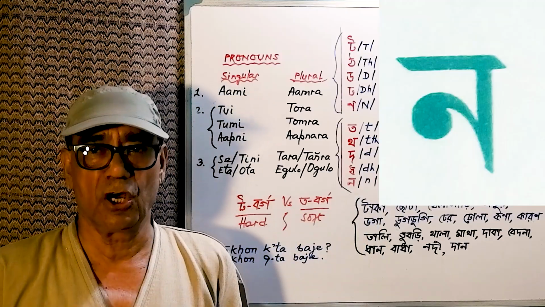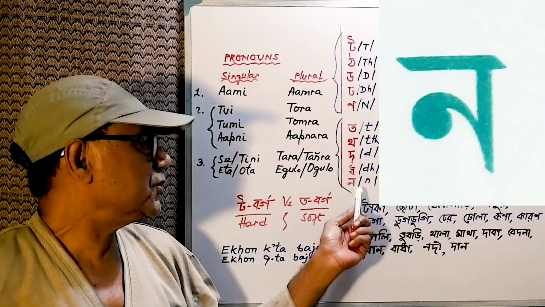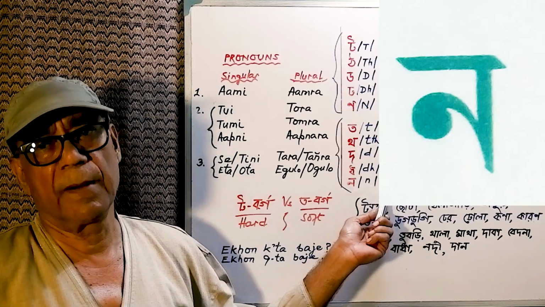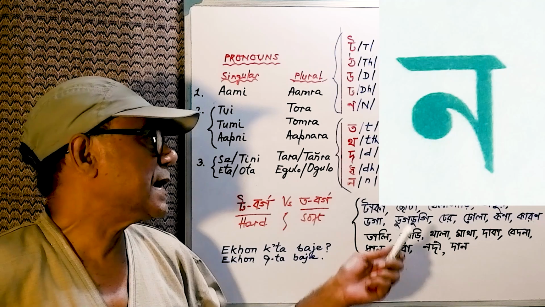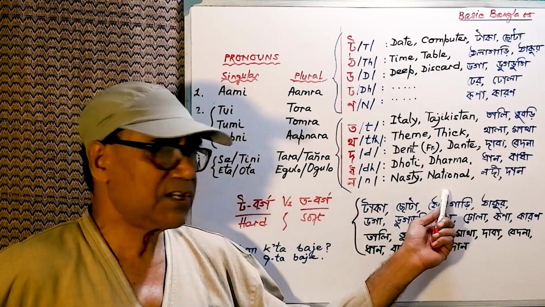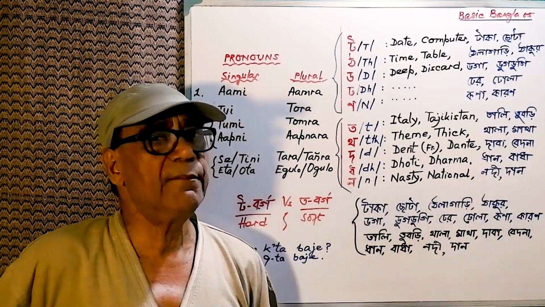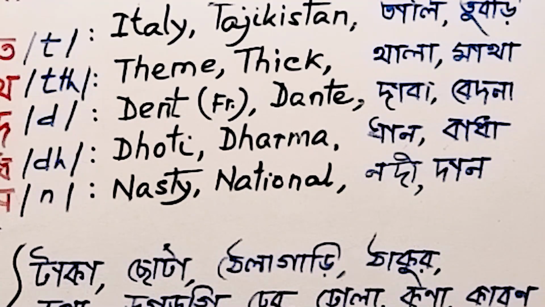No, no, dantanno. This no is represented by n in English. So examples are nasty, national. And in Bengali we have nodi. Nodi means river, and dan means you give away something to somebody.